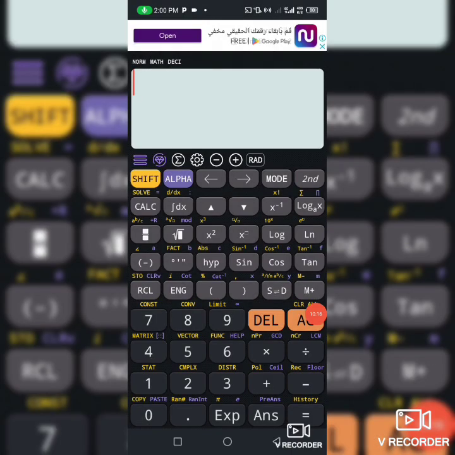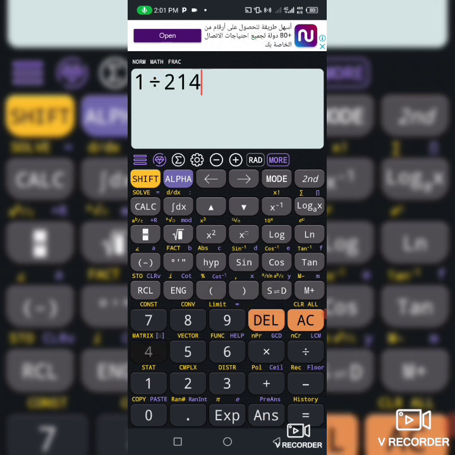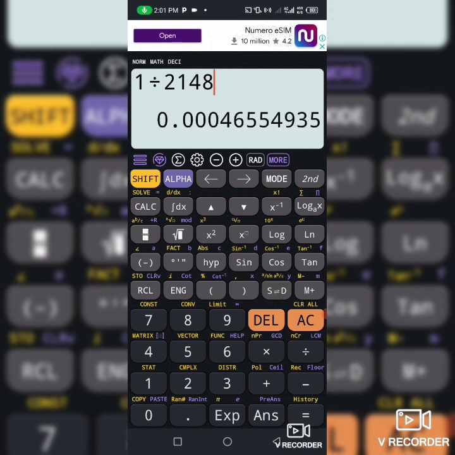Now I'm on my calculator, so if I divide $1 by 2,148, that will give us 0.00046, approximately 0.0005.